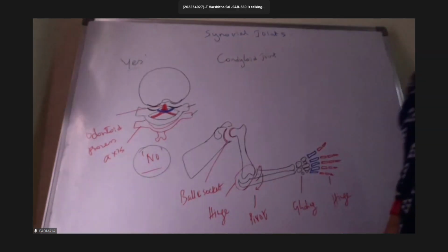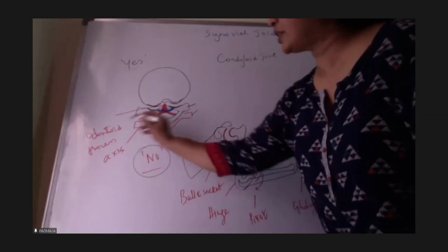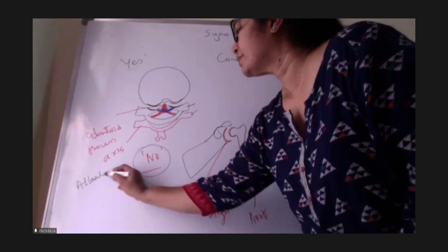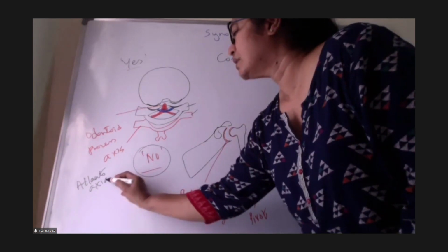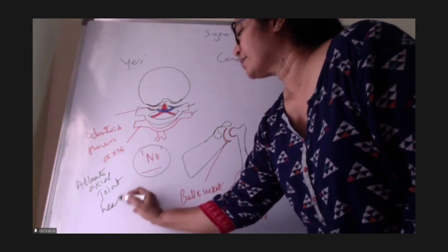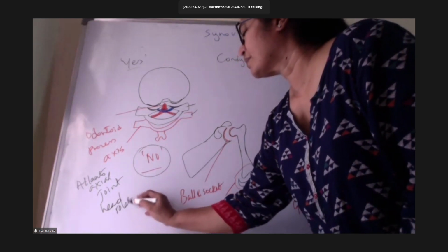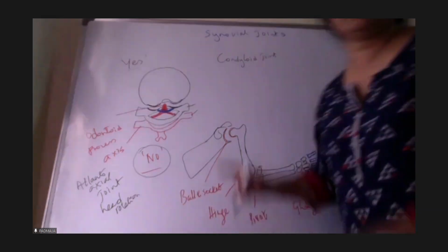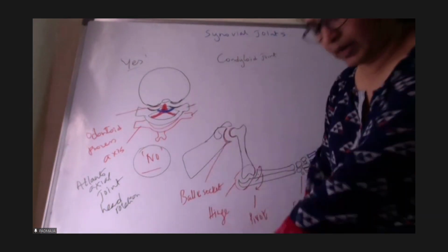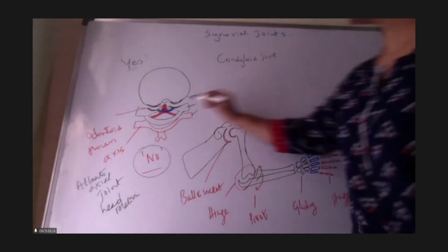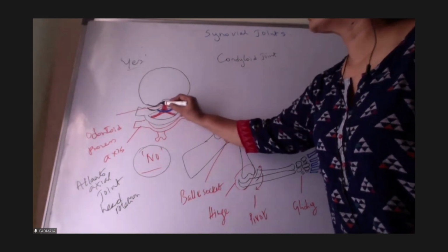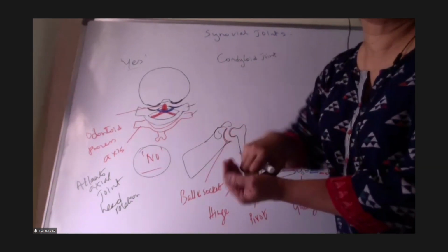This rotation is the atlanto-axial joint for head rotation. Now it is the occipital condyles moving on the occipital fossa.